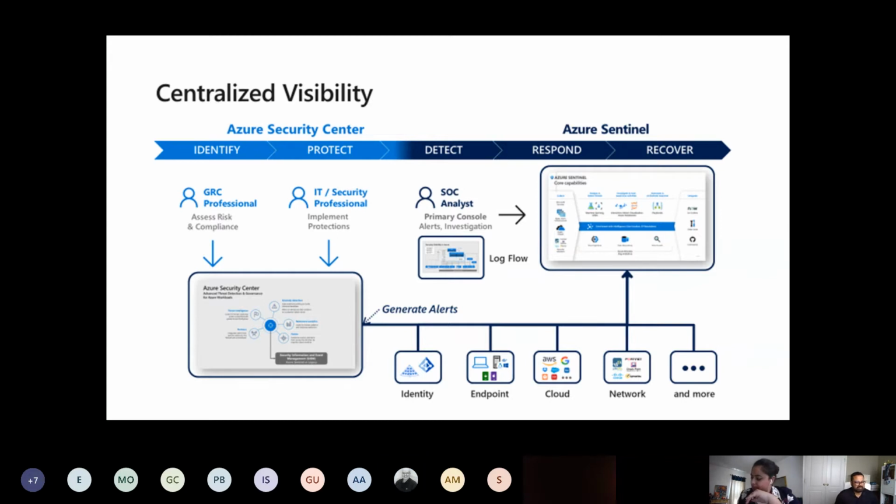So I was talking through Security Center and Sentinel. These two are the primary tools, and it's a pretty cool tool. You may want to look at Sentinel from a demo perspective. You can look at several seemingly unconnected events, but security is not a siloed concept. You have people working in different places.